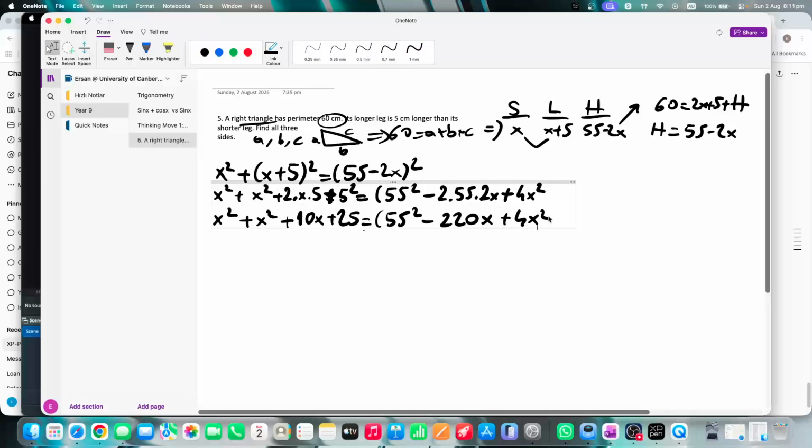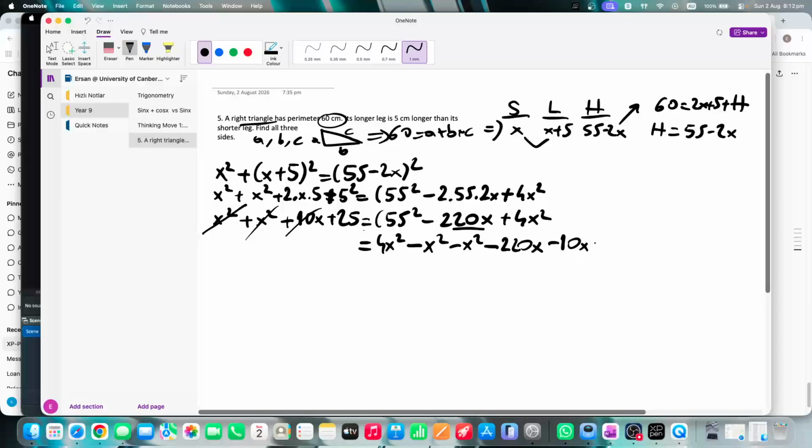So if I move everything from the left hand side to the right hand side, by simply ordering them, starting with 4x squared minus x squared, and then minus x squared, I'm done with those two, and then minus 220x, and this one minus 10x.